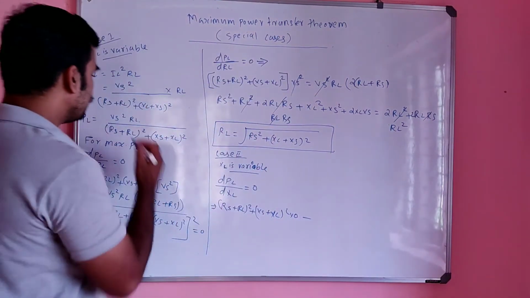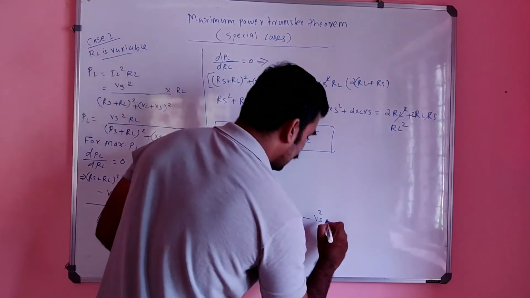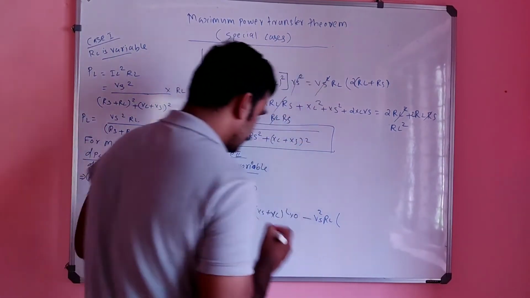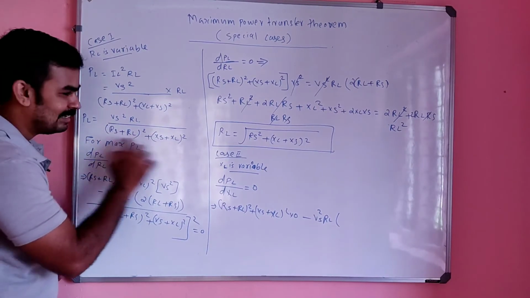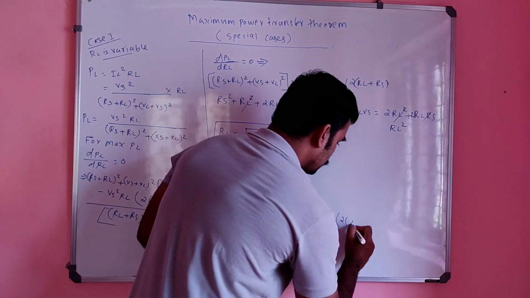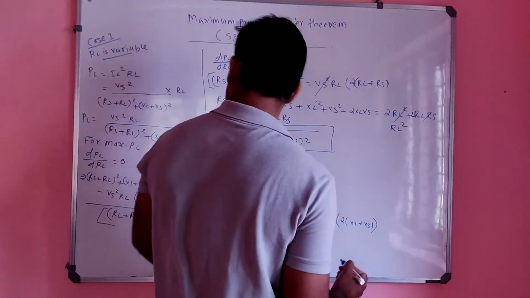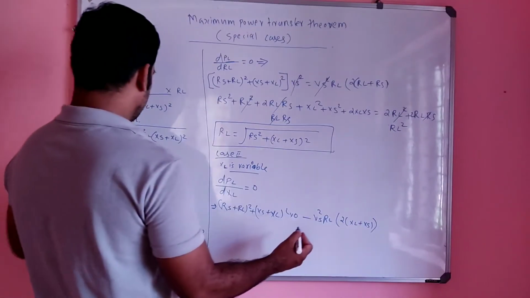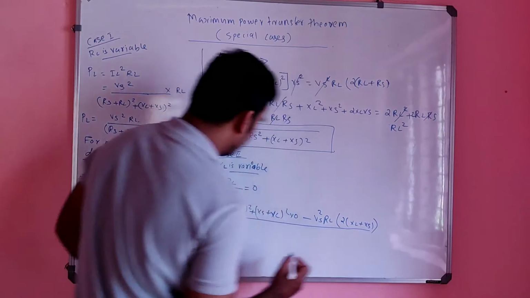Minus numerator into, that is Vs square into RL, into d by dXL of denominator. The denominator is RS plus RL the whole square plus XS plus XL the whole square. So this will be 0 and only this will happen, 2 into XS plus XL, divided by denominator square.